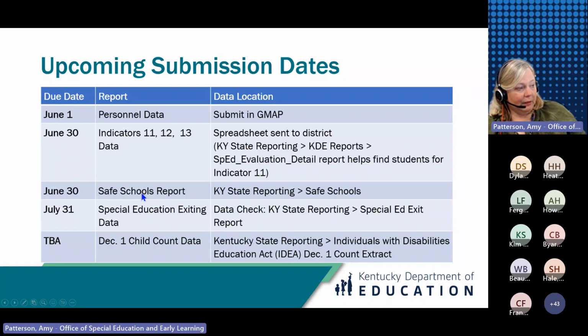Safe Schools report is due June 30th. Basically what that means is you are going to need to go in and review the Safe Schools data. I'm going to talk about that more in a little while, but you're just going to need to review that for students with disabilities.